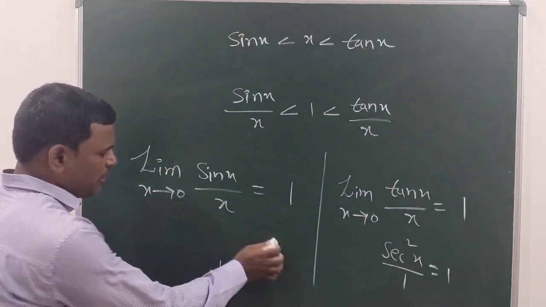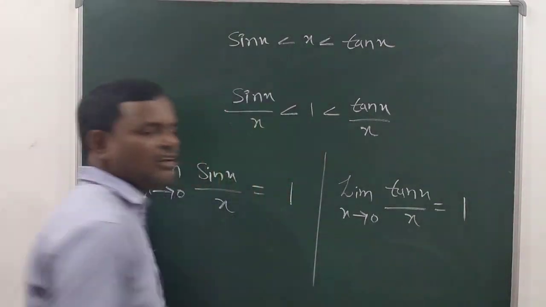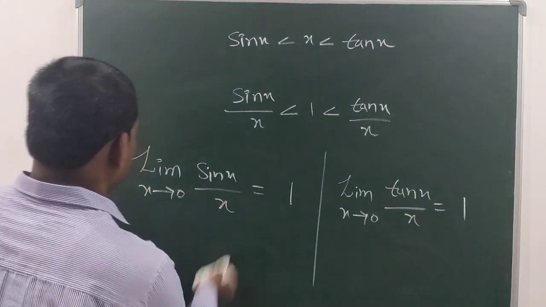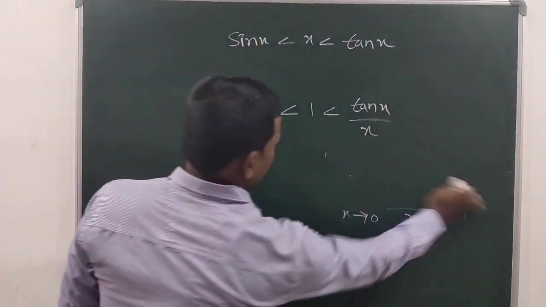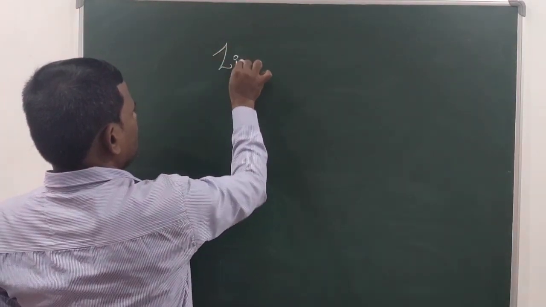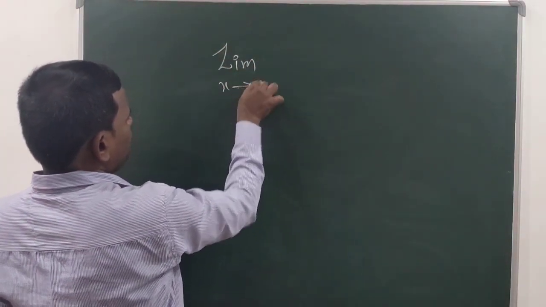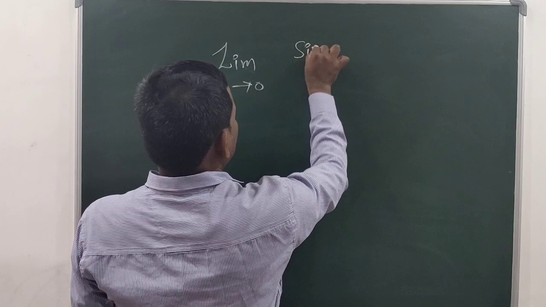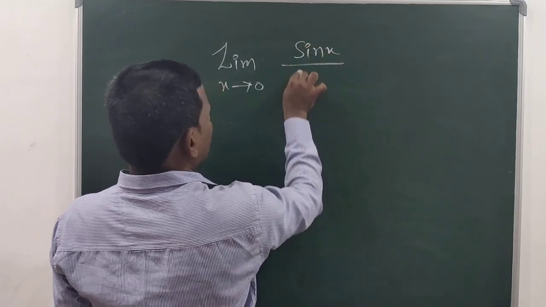Right students. Now let us learn a few more applications based on this inequality. See that: limit x approaches to 0, sin x by root x square.